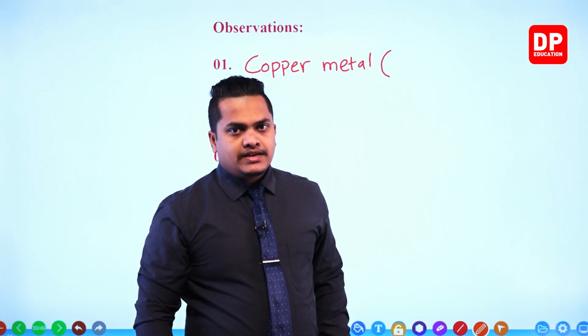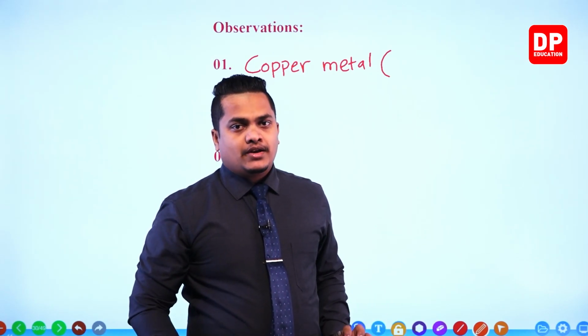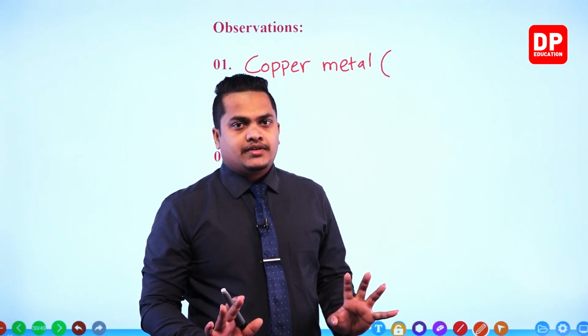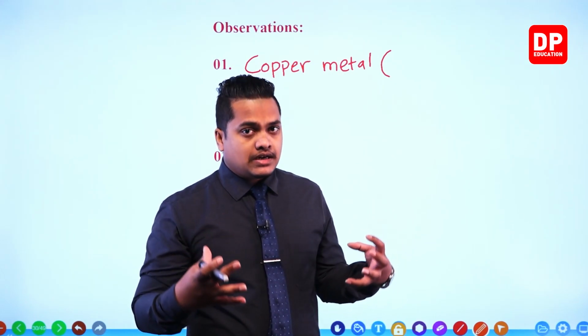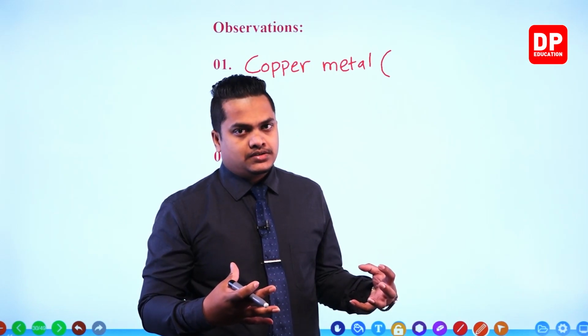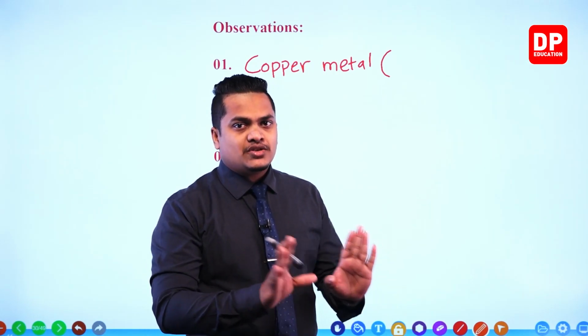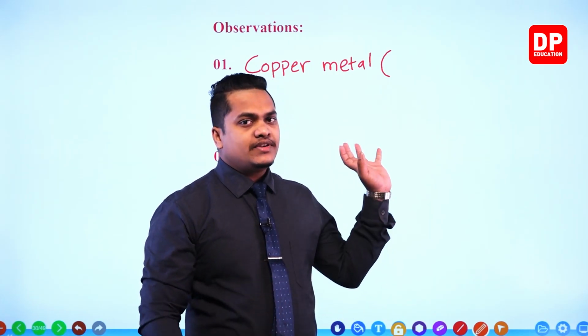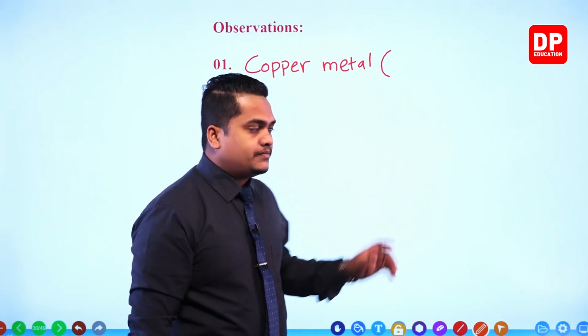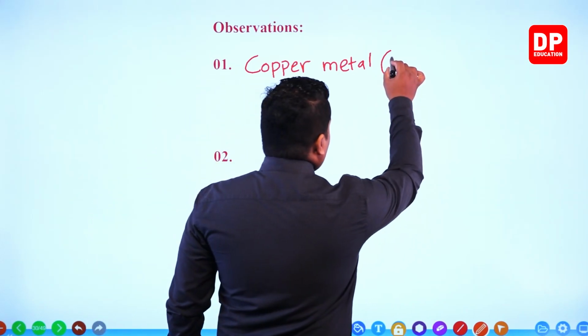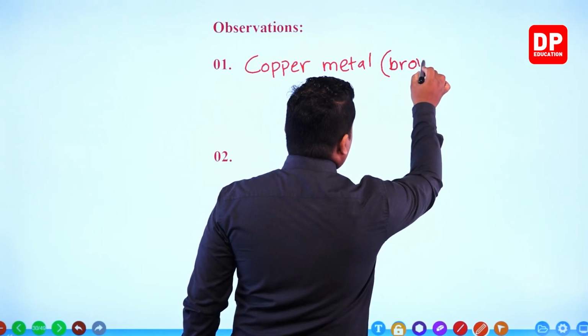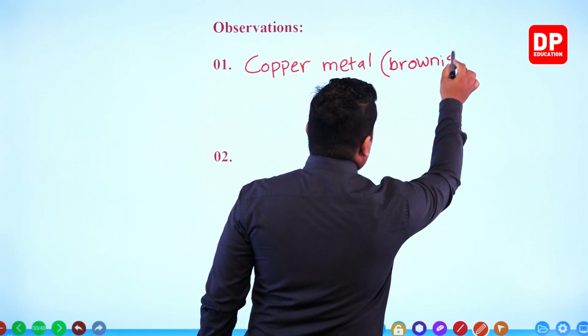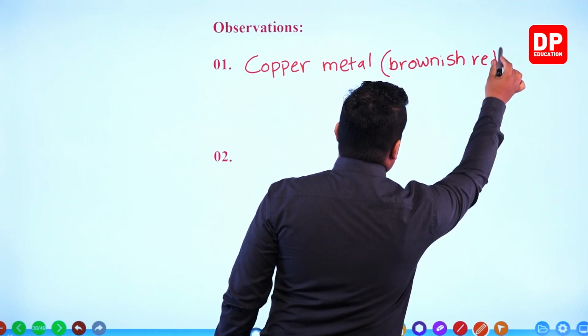So here we can directly say that copper is going to plate on the object because it has a unique nature or unique color. So that observation is quite obvious. In that case, we can write it as copper. There is no problem. Copper metal, brownish red.